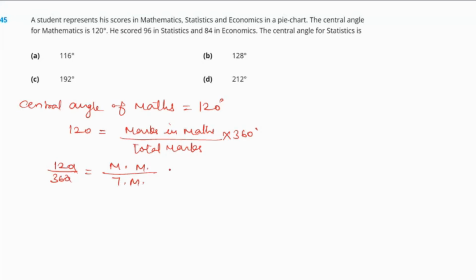So we are going to get it as 1 by 3. Okay, so the total marks would be thrice of marks in mathematics.